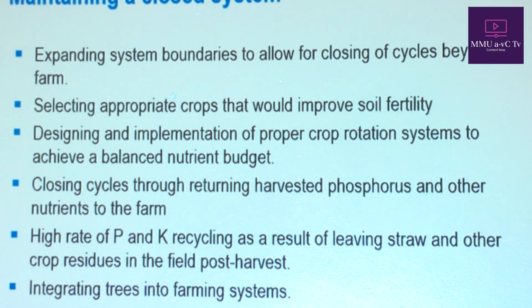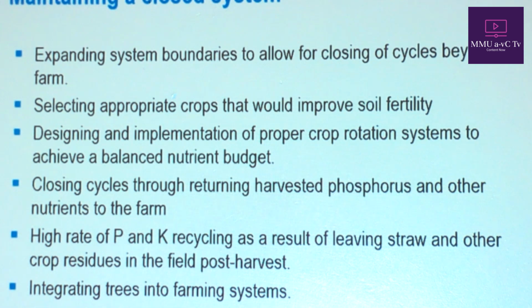If one crop is requiring more phosphorus this season, then you might need to plant a crop that will require more potassium next season, such that the potassium thirsty plant will actually give leave to the phosphorus for that particular season.